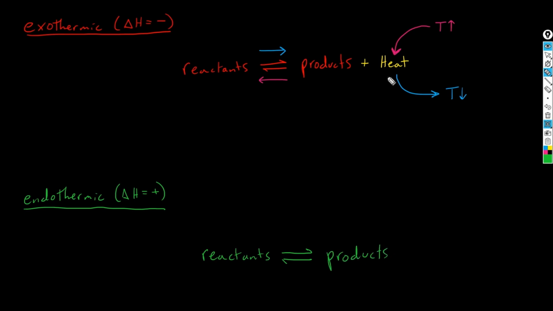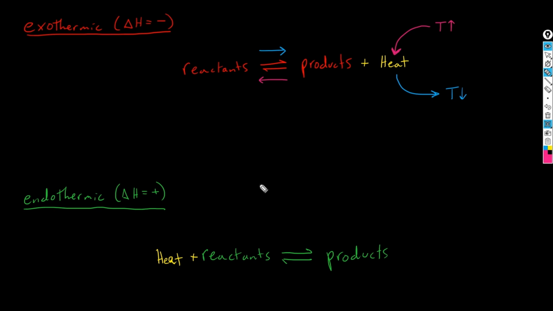But because the reaction is endothermic, it requires energy, so the heat is not going to be a product. The heat is going to be a reactant, because the endothermic reaction requires energy in order to occur. And so heat becomes a reactant.